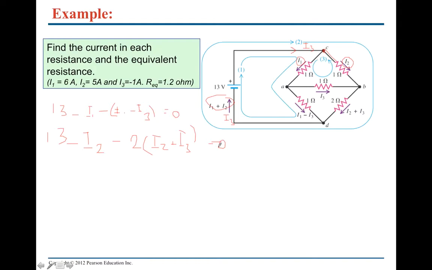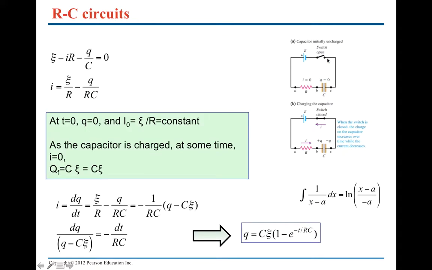That's 2 equations. The third equation, I can take this loop here, number 3, and again I get from it another equation, and then I can solve 3 equations in 3 unknowns.